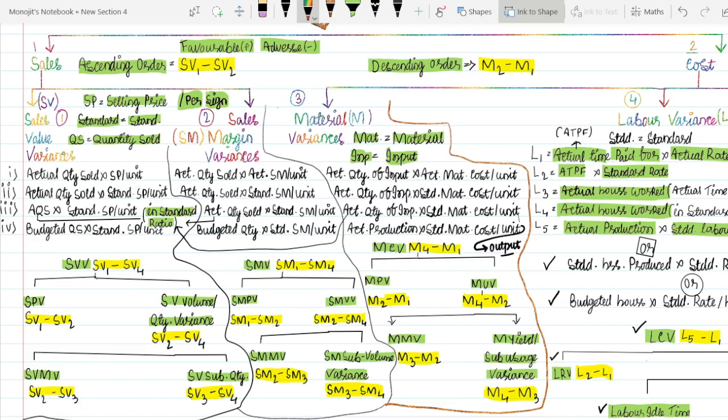And the third part is actual quantity sold into standard selling price per unit, and actual quantity sold is in standard ratio. And then the fourth formula is budgeted quantity sold into standard selling price per unit.